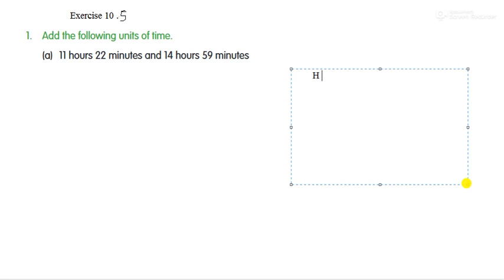So here we have hours and minutes. In the hours we have 11 hours 22 minutes.